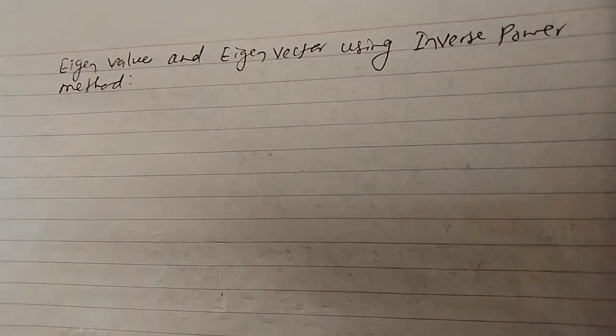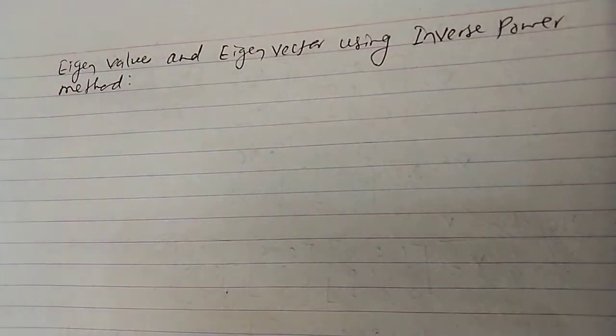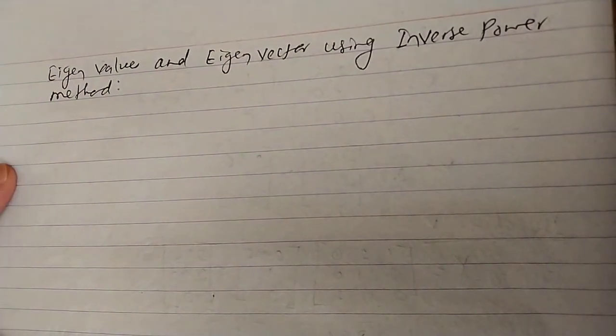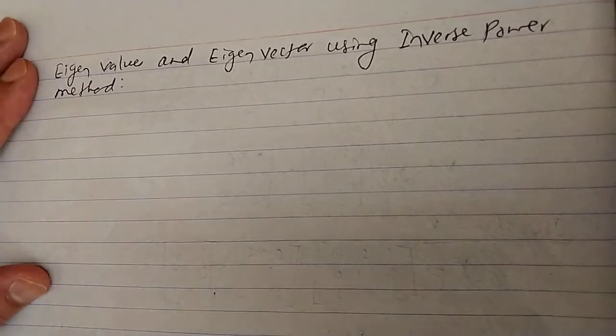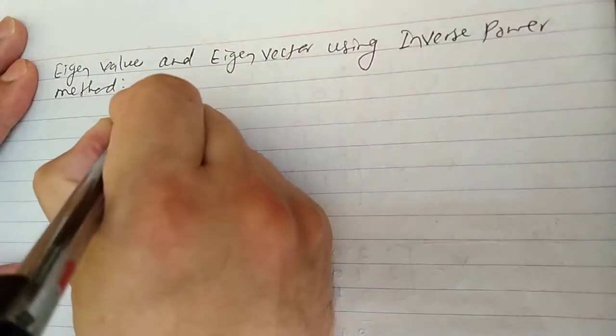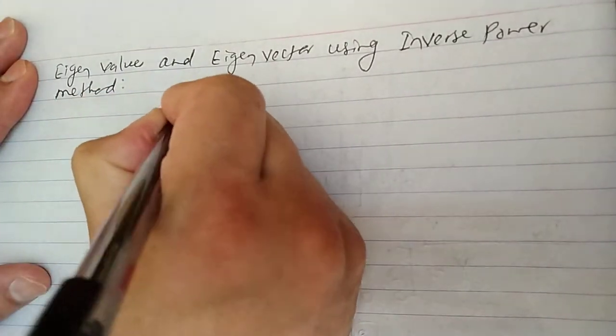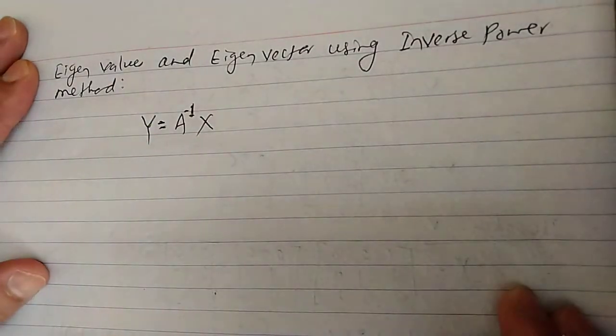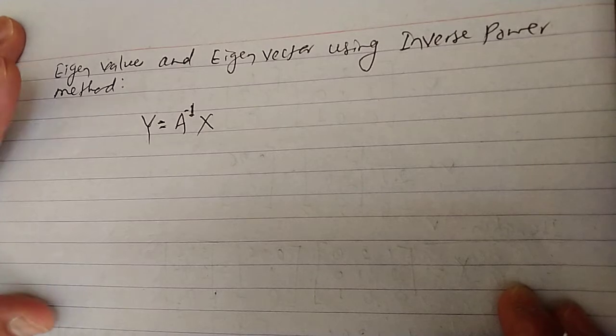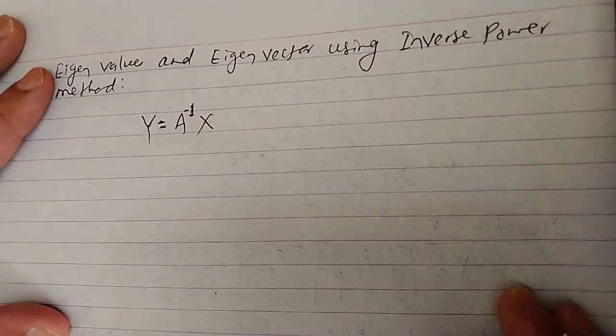So how can you find eigenvalue and eigenvector using the inverse power method? In this case, we will take y as A inverse x. So that will add to your complications to make A inverse.